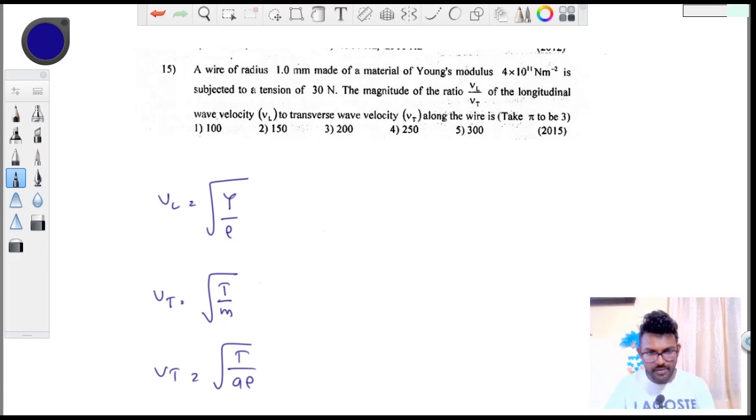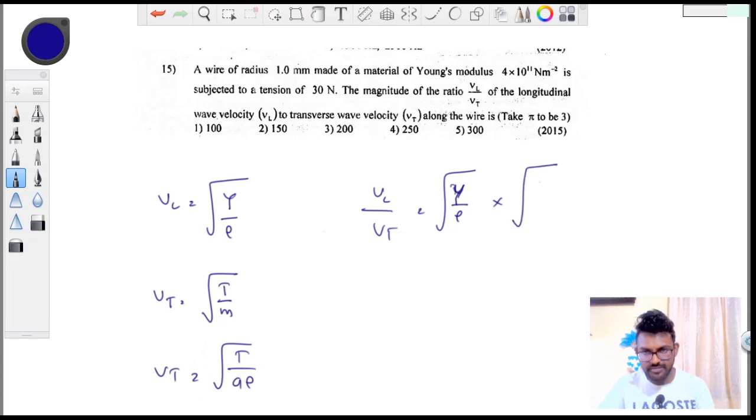Now we can have a certain idea, because this is also rho, this is also rho. We are asked to find VL over VT, the ratio between those two. Can we have it? Yes, we can. So this will be root Young's modulus over rho, where rho is the density of the material, and VT down, that means root T over A rho.